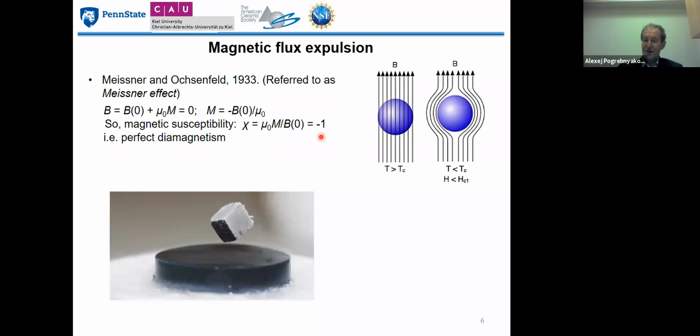This brings about a very interesting effect, magnetic levitation. If one places a sample of ferromagnet over the superconducting material that is in the superconducting state, as shown here, it will float over the surface of the superconductor.